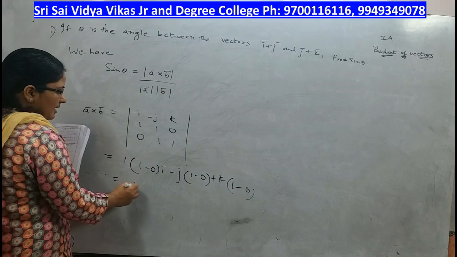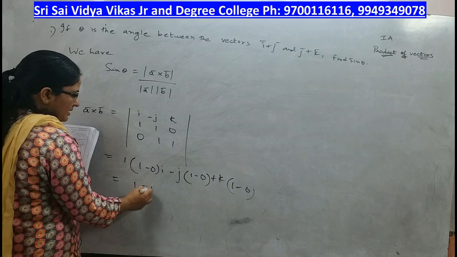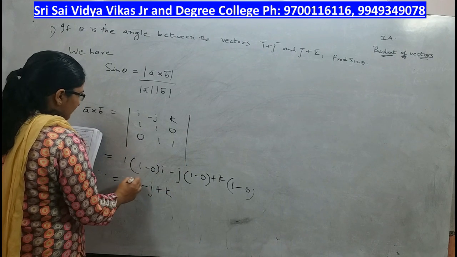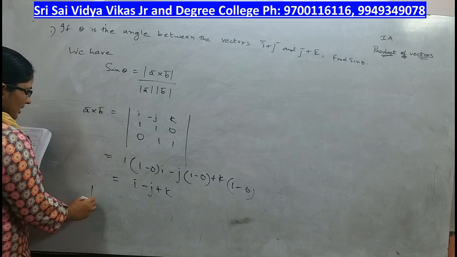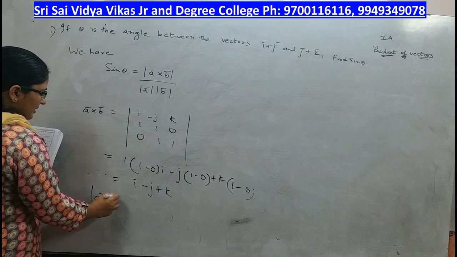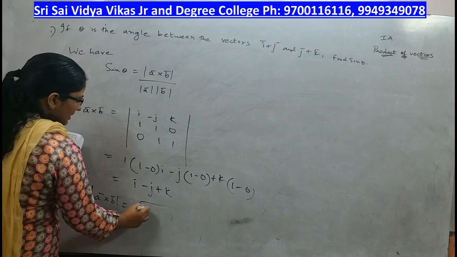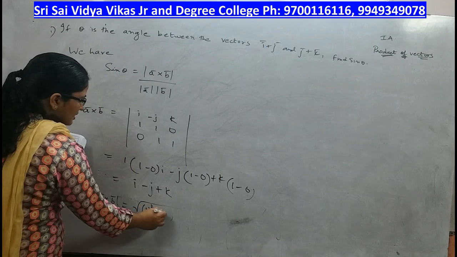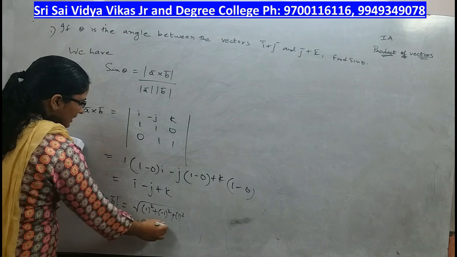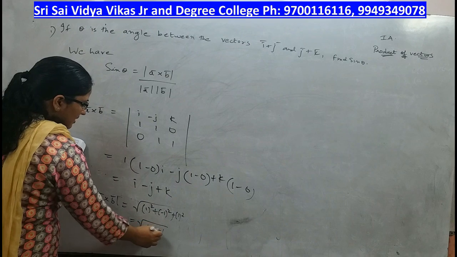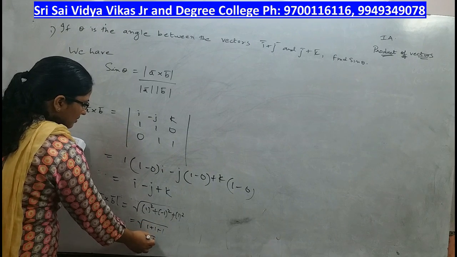This is i minus j plus k. Modulus of a bar cross b bar is equal to under root of 1 square plus 1 square plus 1 square, which is 1 plus 1 plus 1, which is equal to root 3.